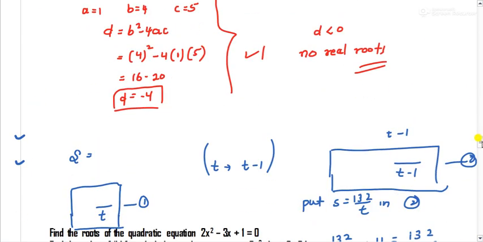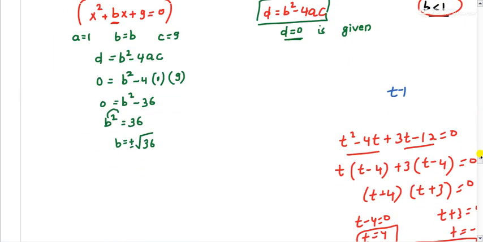So if you solve, you'll get b as plus or minus 6. It means b can be plus 6 or b can be minus 6.